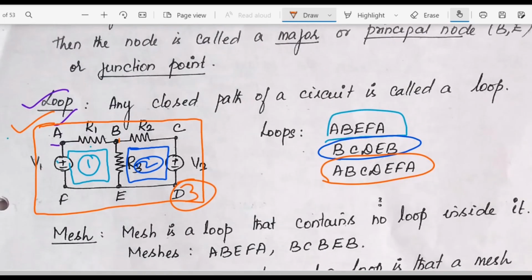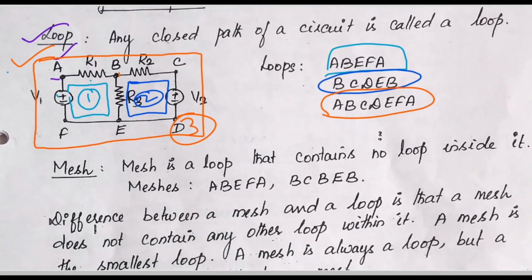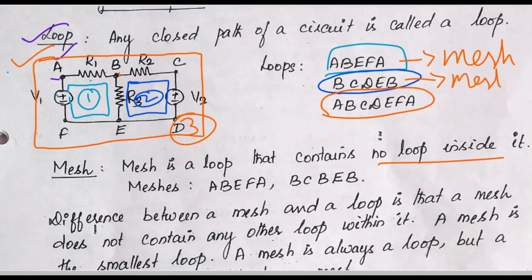Then mesh. A mesh is a loop that contains no loop inside it. For example, loop number 1 and loop number 2 have no loop inside them, but loop number 3 has two loops inside. So loop number 1 is a mesh and loop number 2 is a mesh.